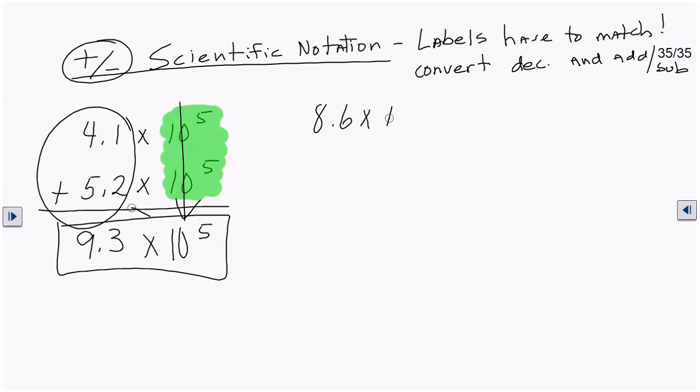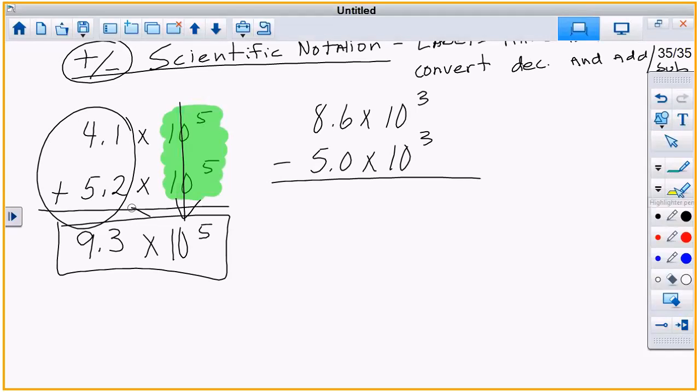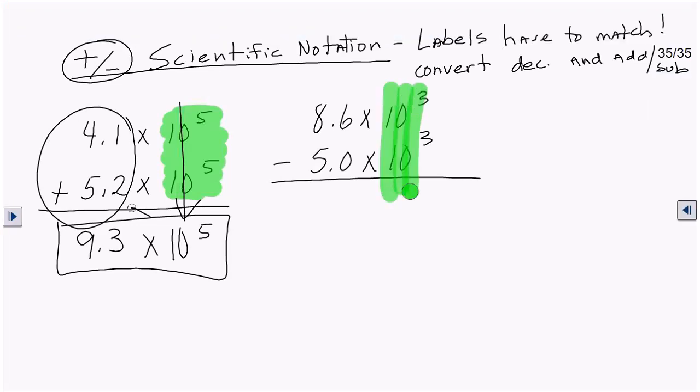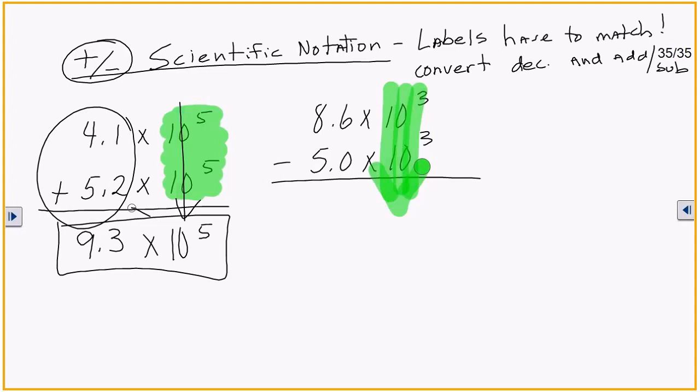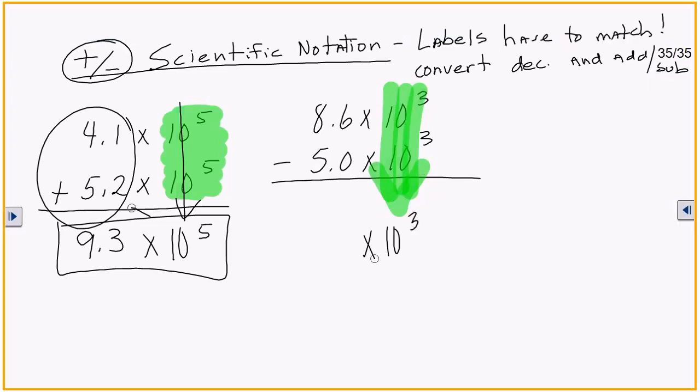If you're given 8.6 times 10 to the 3rd minus 5.0 times 10 to the 3rd, again, you just take that down and 3.6.